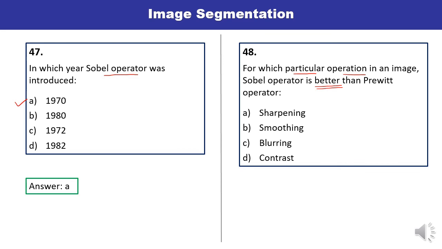What is that particular function where Sobel performs better? Options are sharpening, smoothing, blurring or contrast. So smoothing is actually that operation where Sobel performs better. Correct answer.